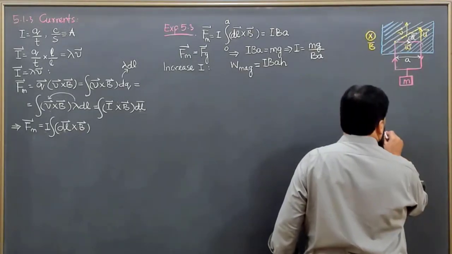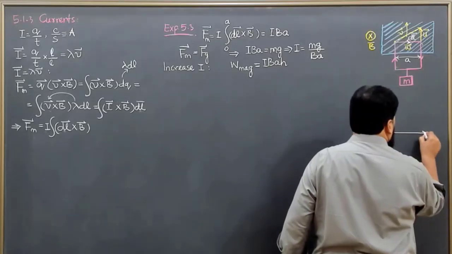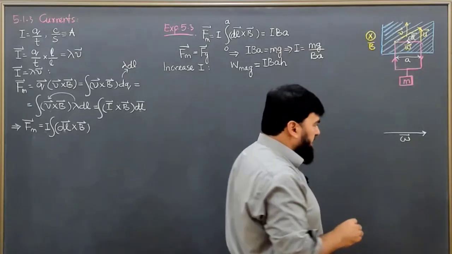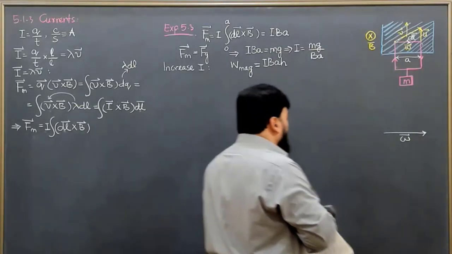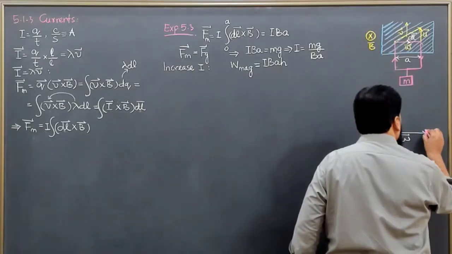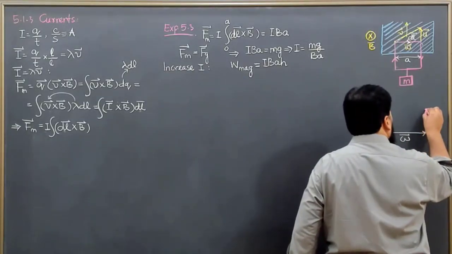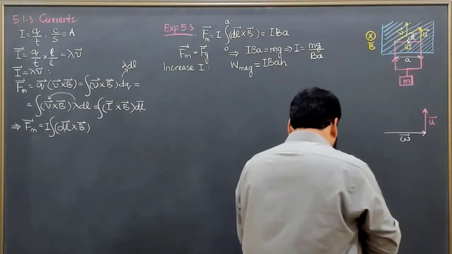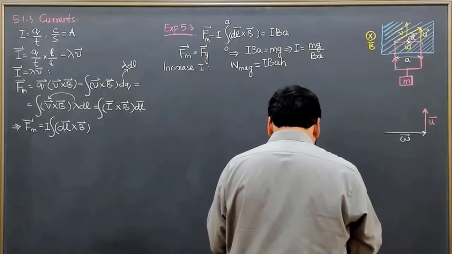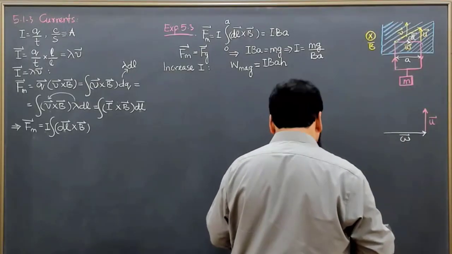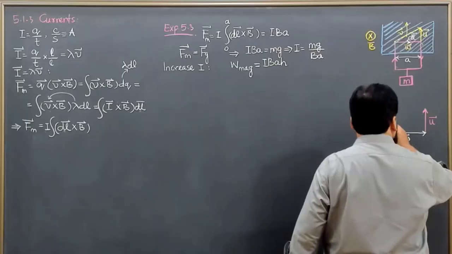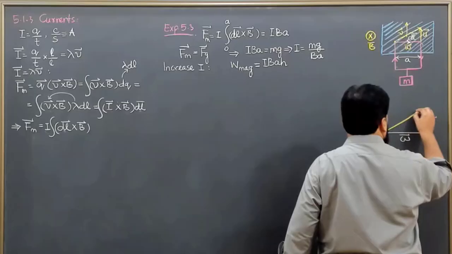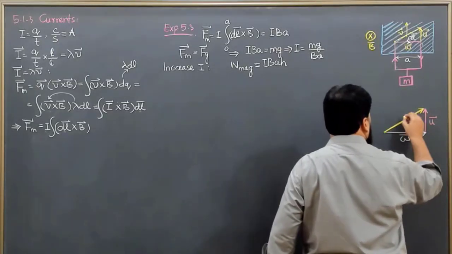So let me make this figure carefully. This is w, the horizontal velocity in this direction, and then another velocity, u, adds to this one, and the resultant is v.